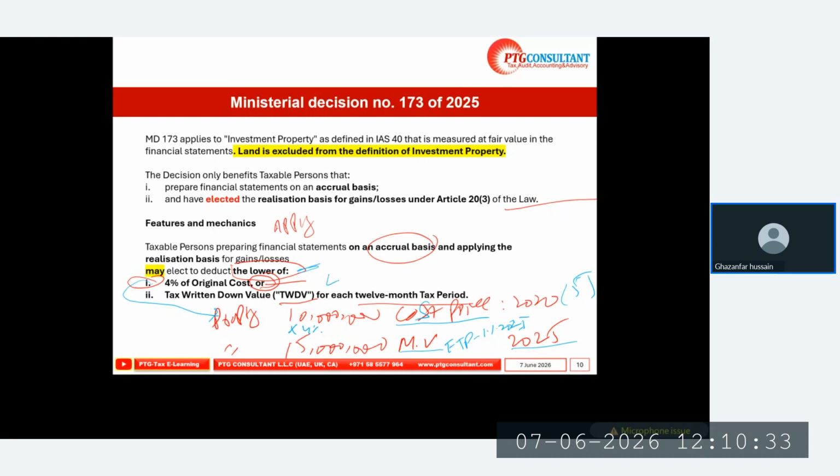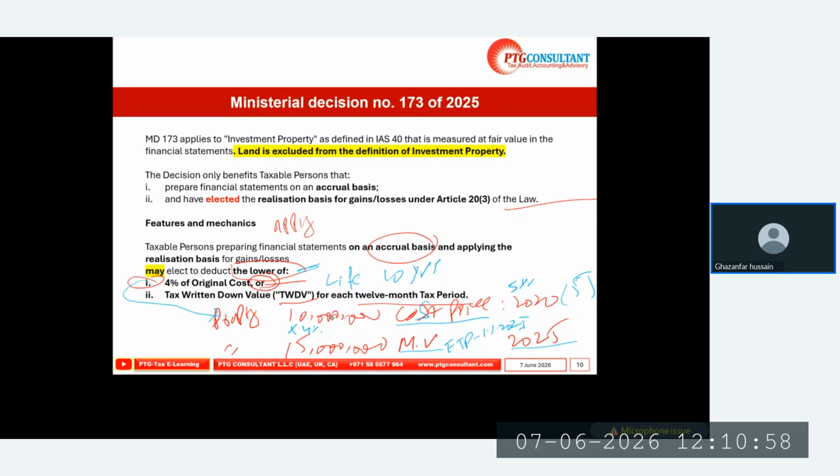Let's add the life: the life of the asset is 10 years. Before the first tax period, how many years? 5 years, right? From 1st Jan 2020 till 1st Jan 2025, 5 years.